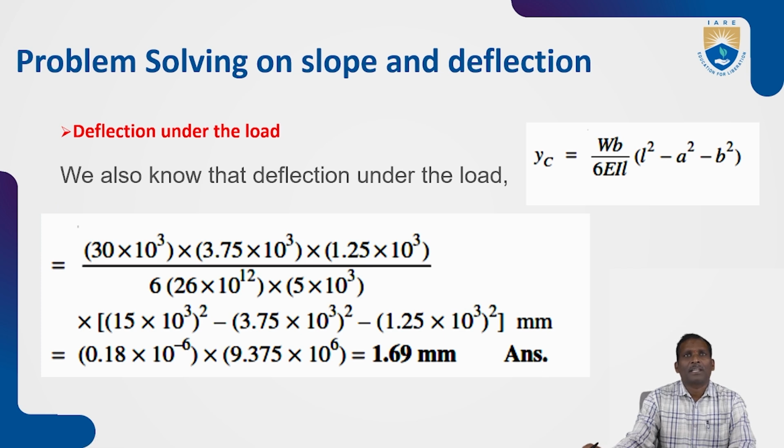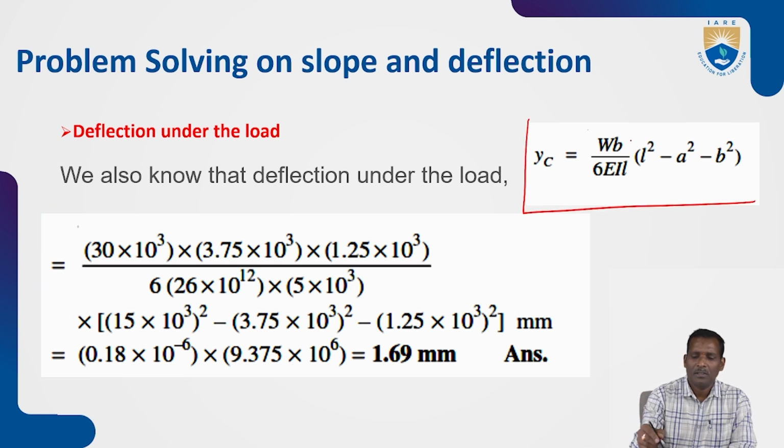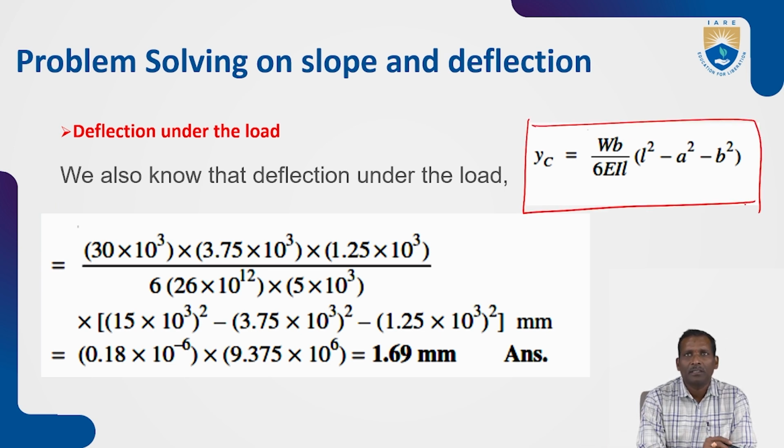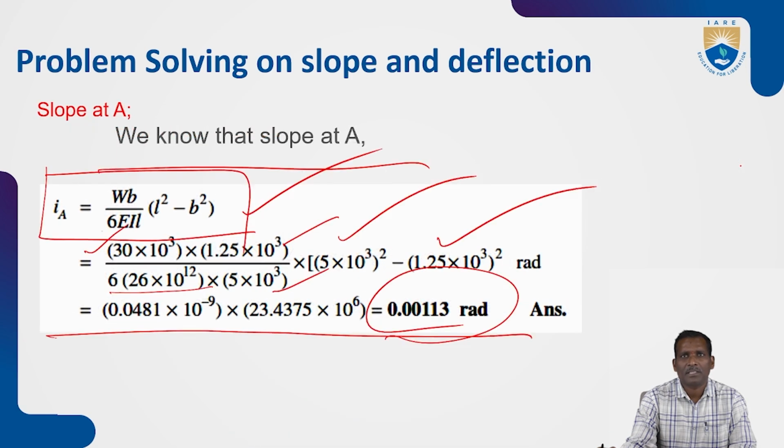Next, the deflection under the load. We also know the deflection under the load, the equation at C point: the deflection is WAB by 6 EIL into L square minus A square minus B square at C point.